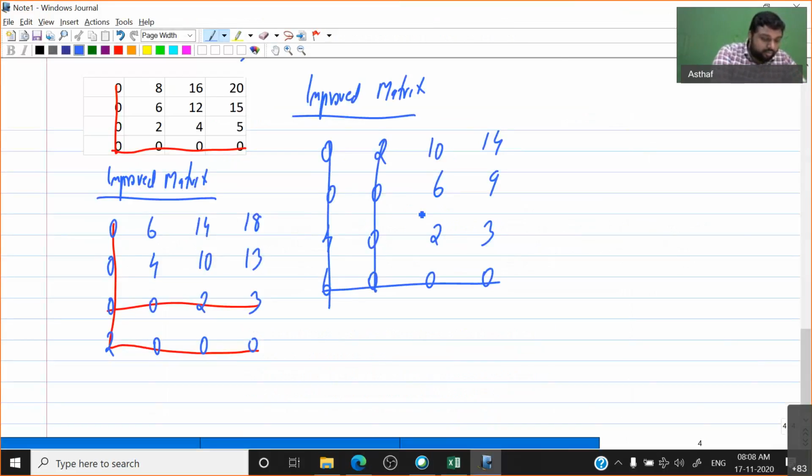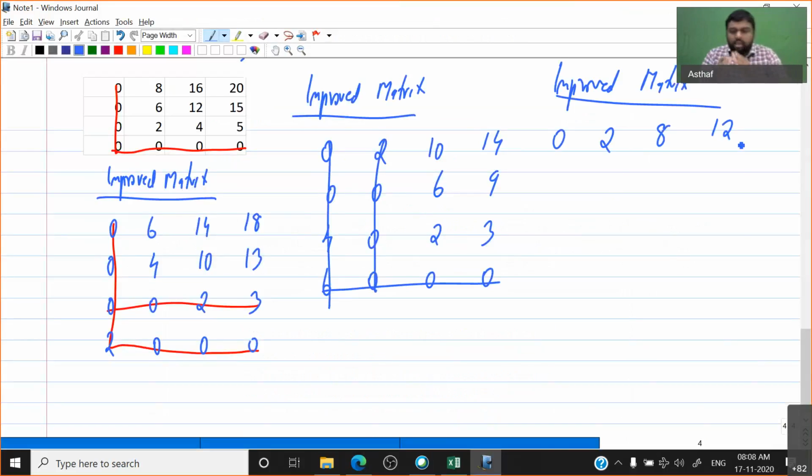We will go for the improved matrix. Improved matrix: 0, 2, 8, sorry, 0, 0, 4, 7, 4, 0, 0.